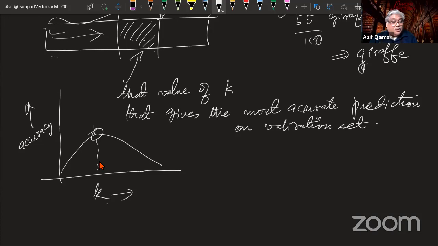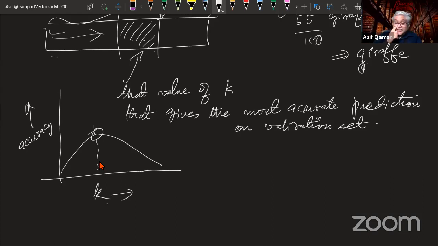The danger of taking K too small is, just by accident, you may get wrong answers because your nearest neighbor may be the opposite of you. Do you see the difference, guys? So there is an optimal K in the range, and you need to find what that K is. And you do that through cross-validation.